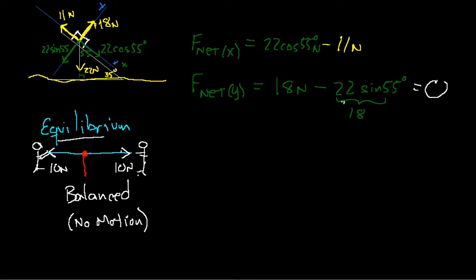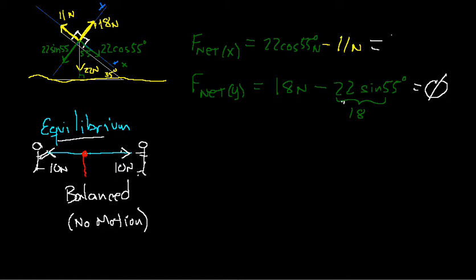All right, so this has got to be 0. Net force in the y direction. The net force in the x direction, if we calculate this, we're going to come out with, according to the book anyway, let's see what the book says, 2 newtons.